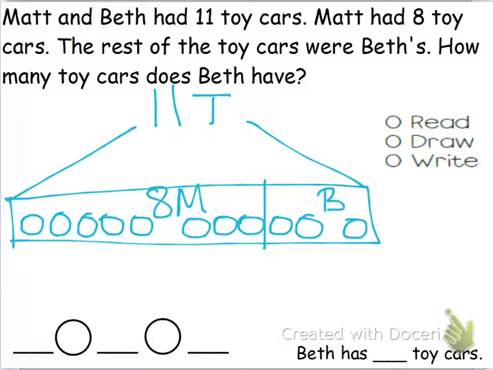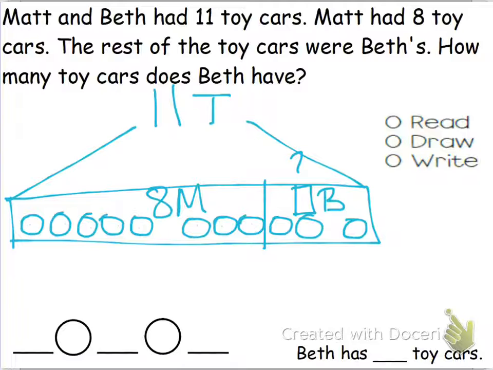So this is Beth's. Do we know how many Beth has? Does it tell us? Nope. Mystery box. Now, looking at this word problem, we can still do an addition number sentence. If you want to do a subtraction number sentence, go right ahead, and I'll even show it to you whenever we're done. But with a subtraction number sentence, do know that nothing's taken away.